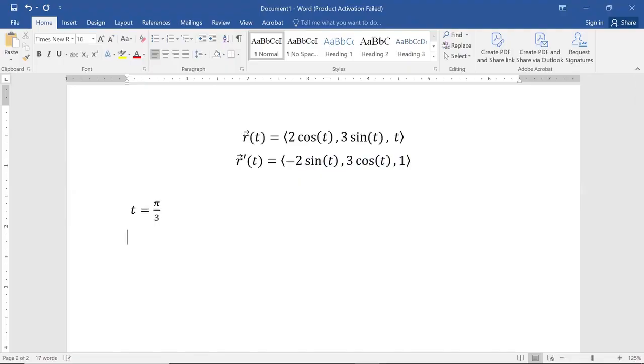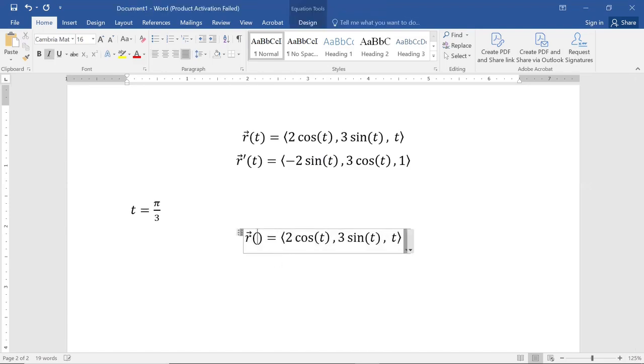Now at t of pi over 3, I would just plug in pi over 3 into my r value. Now cosine of pi over 3 is 1/2. So I get 2 times a half when I plug in pi over 3. Sine of pi over 3 is root 3 over 2.